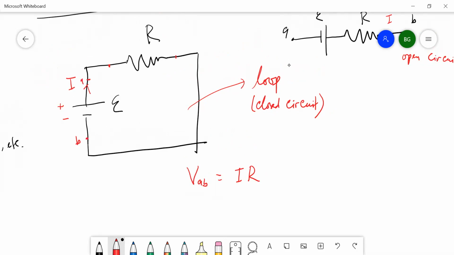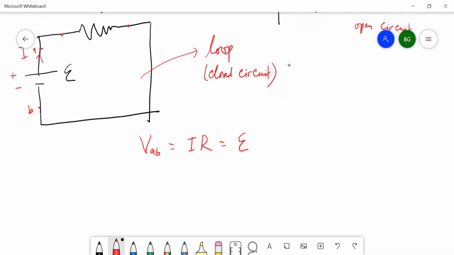So this is equal to epsilon, okay? So we could say epsilon minus IR equal to 0. So this one is the simple result from a closed circuit.